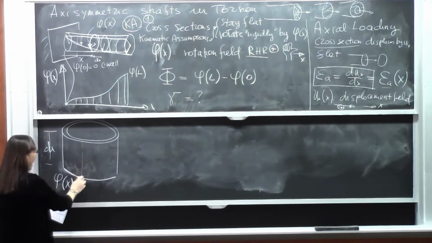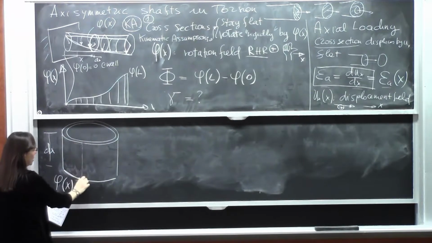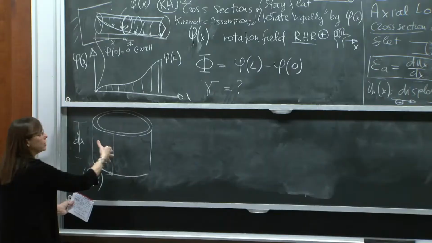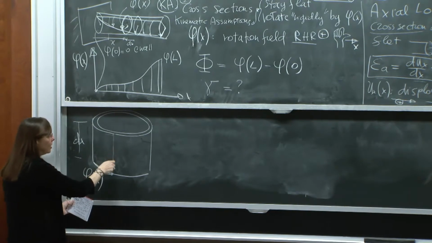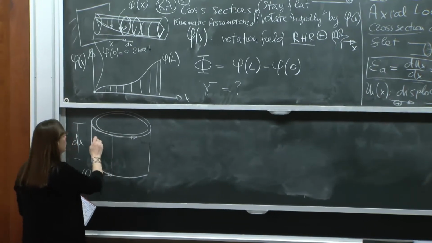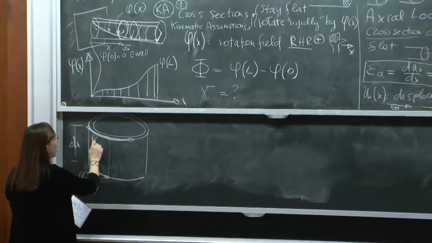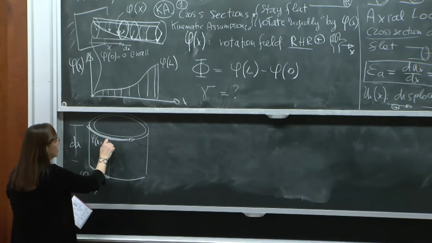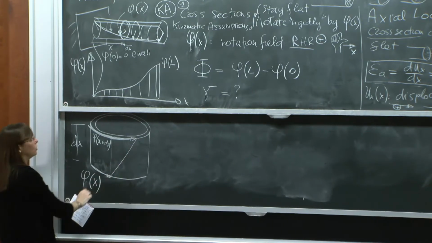The line at x plus dx is not exactly straight, because if it was straight, it means the whole segment rotated rigidly, right? But this line here instead is rotated a little more. Maybe it's rotated up to here. So this here is phi of x plus dx. So now that line has an angle there.